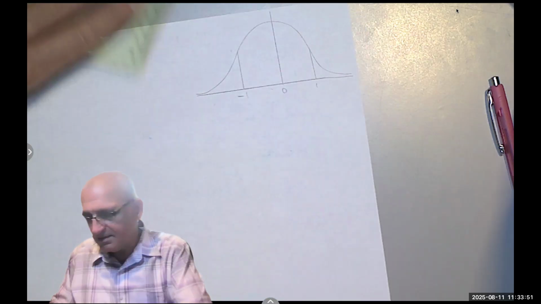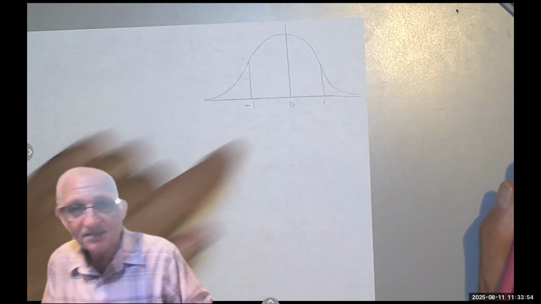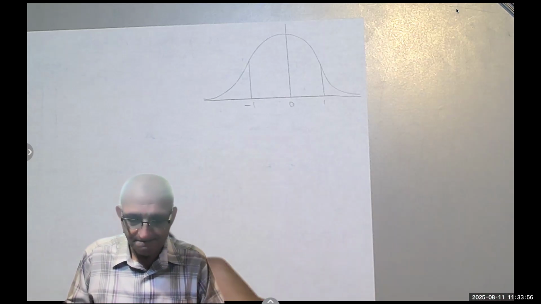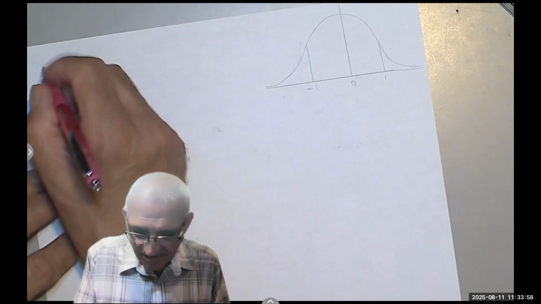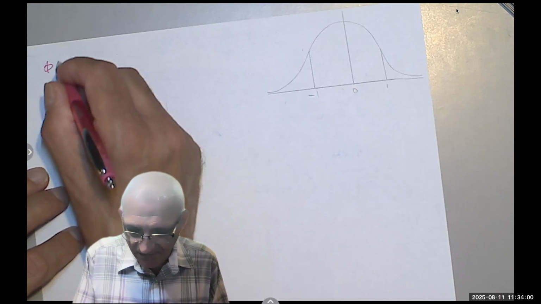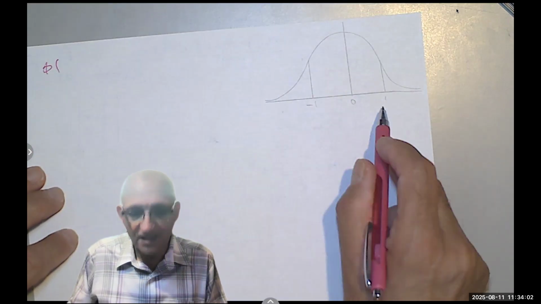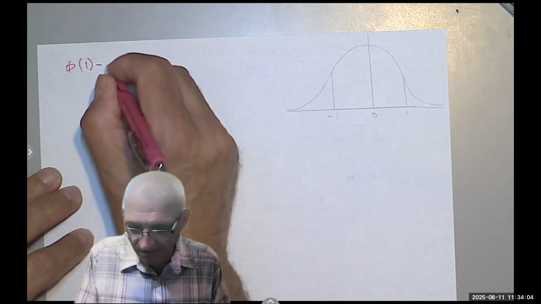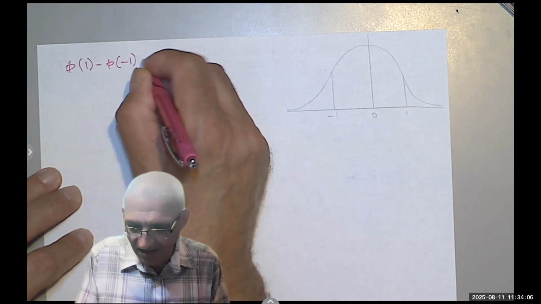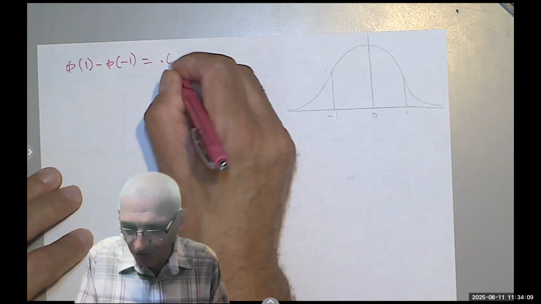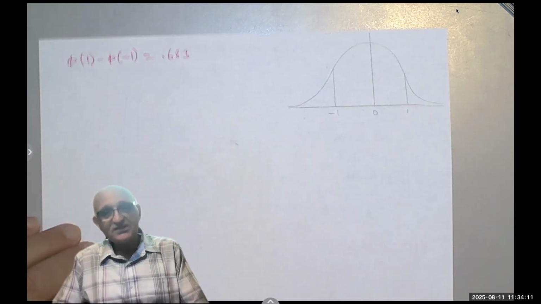So we say the area under the curve, we know it's 1. But we know that the cumulative between negative 1 and 1, meaning the cumulative of 1 minus the cumulative of negative 1, is roughly 68.3%.